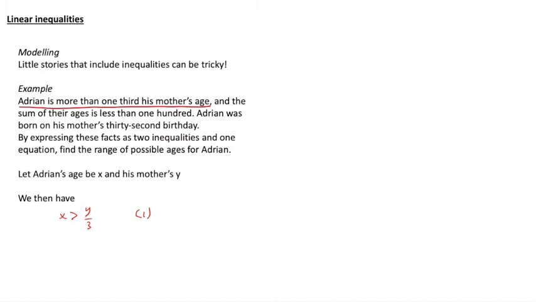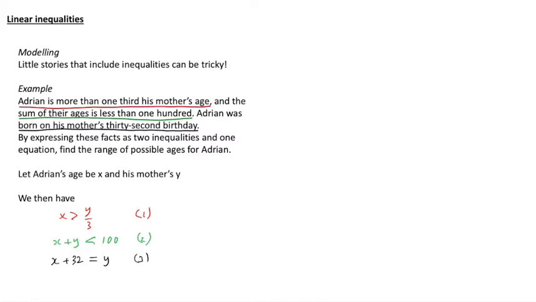Then the sum of their ages is less than 100, so x plus y is less than 100. And we also know that Adrian was born on his mother's 32nd birthday, so that isn't a more than or less than, that is actually a fact or an equation, so we have x plus 32 equals y.